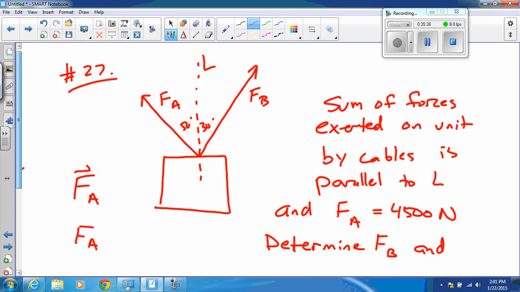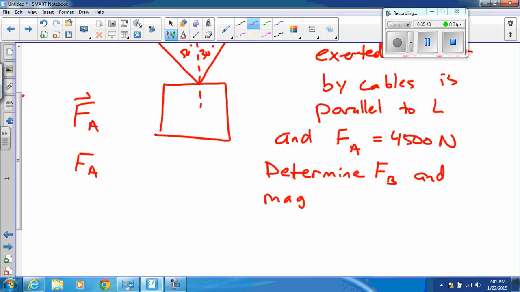And now what they want us to do is to determine FB and the magnitude of FA plus FB. This is an example of a question that doesn't make sense on first read. And so we figure that there's something about this where we need to have an aha moment.